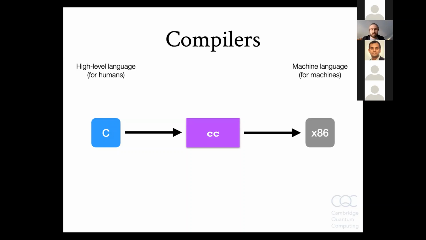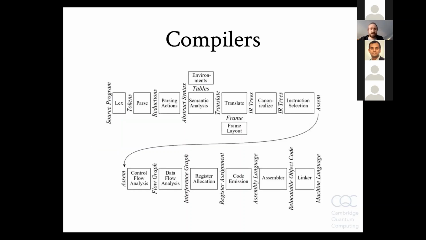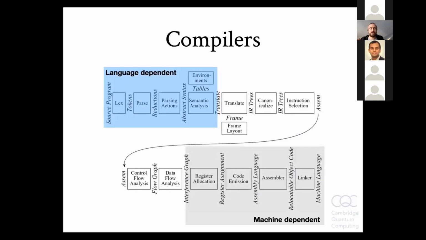And if you look inside the compiler, it's quite a complicated piece of equipment, has many stages and lots of interactions between the stages. But if you look at these stages more closely, you can see that the first few stages are mostly concerned with handling the programming language itself. And the last few stages are mostly concerned with handling the machine code for the particular machine that you're working with.